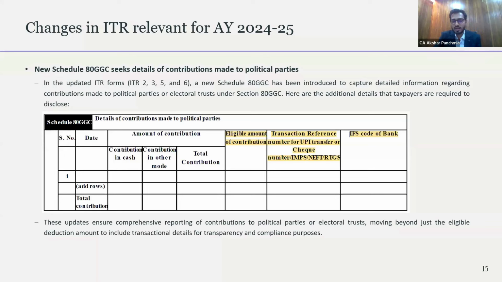This will essentially allow your bank or the income tax department to trace your political contribution and ensure that such a contribution is declared by the political parties as well.